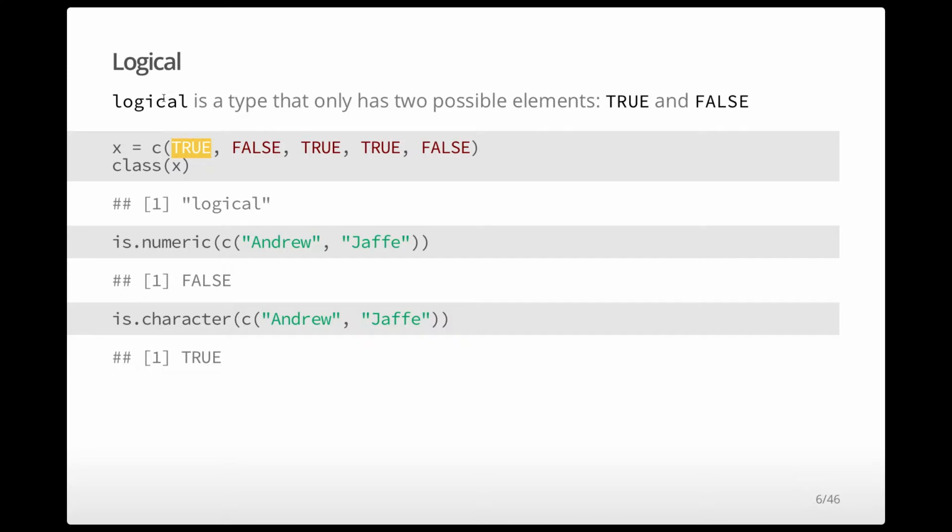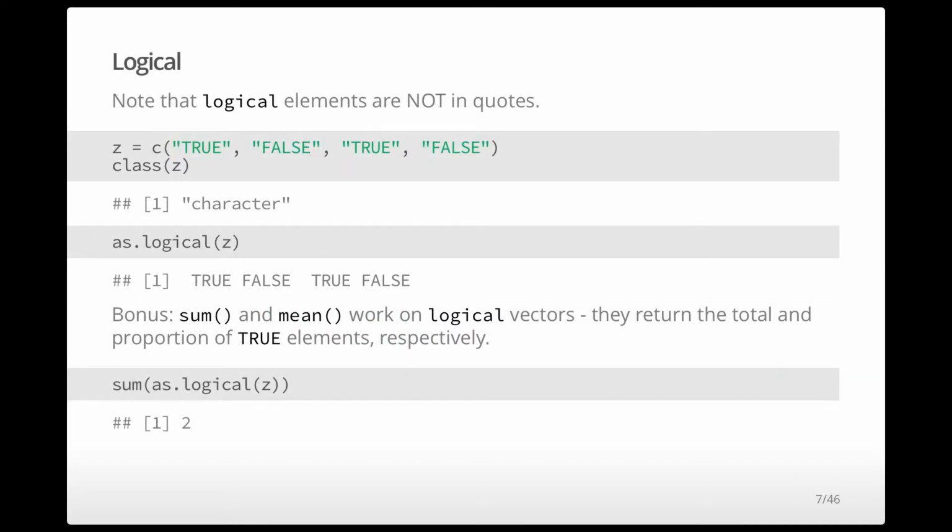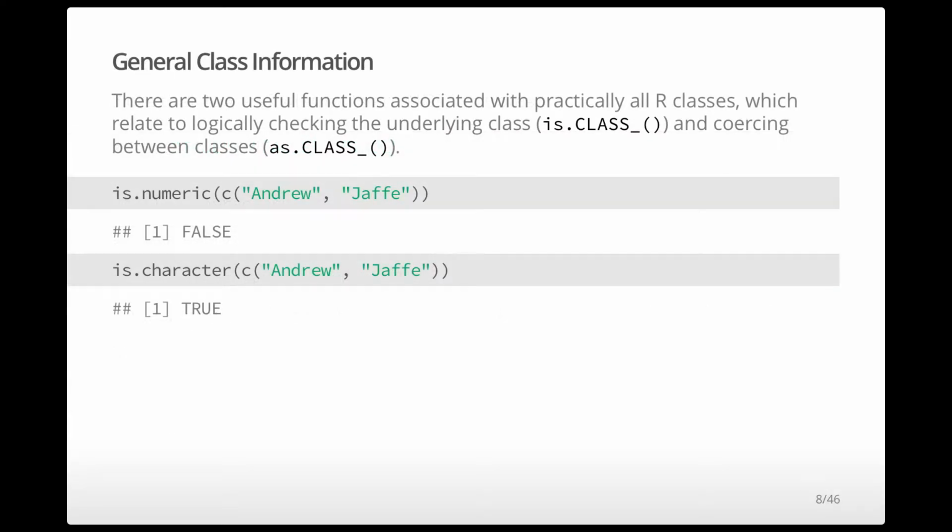It says no, it's not numeric. Is it a character? It says yes. So there's is.numeric, is.character, and generally for every data type, there's an is.character, is.numeric, is.logical, is.integer.